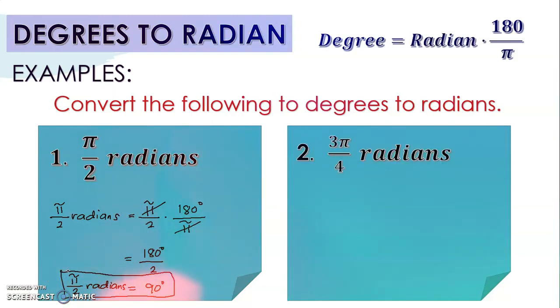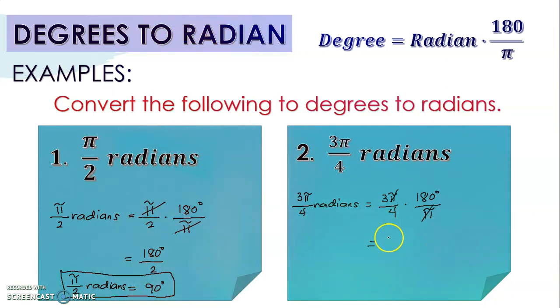Okay, next example. How about converting 3 pi over 4 radians to degrees? Okay, so copy the given 3 pi over 4 radians and use this format here. Copy 3 pi over 4 times 180 degrees over pi. Okay, I want you, class, to cancel out directly the pi, so it will become 180 times 3.